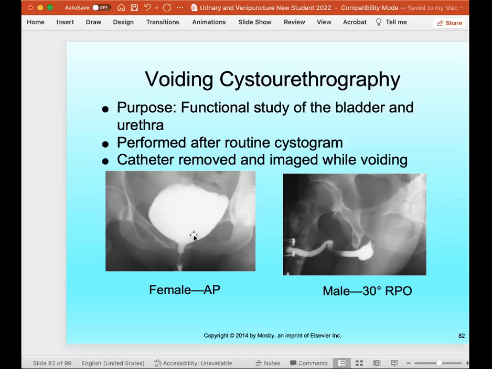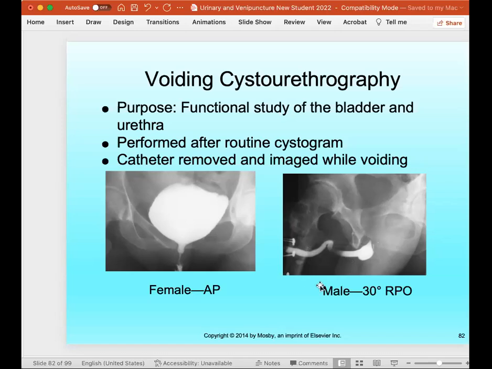This is a very common exam in children, in little girls. When you watch them void, sometimes you'll see the contrast media refluxing into the ureters and then potentially into the kidneys, causing infection. So that is the purpose of watching them void under fluoro.